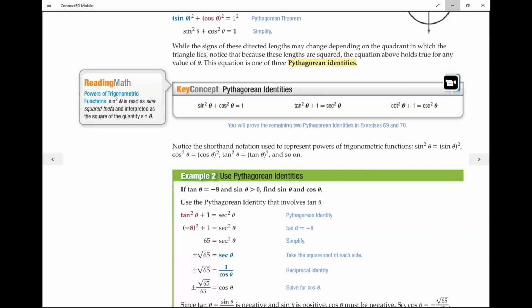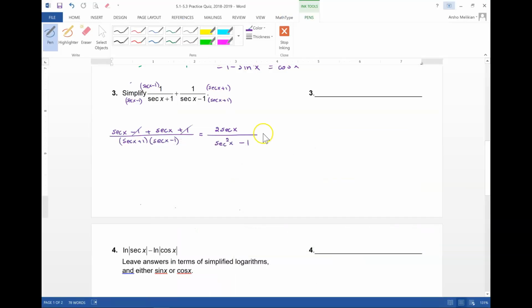So again, the first thing you should just write those down. So this is tangent squared x over 2 secant x. And now, so secant is 1 over cosine. So this is 2 over cosine x.